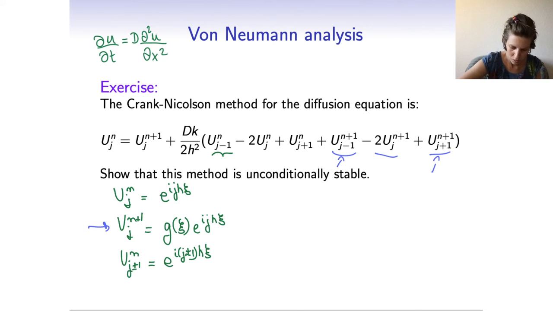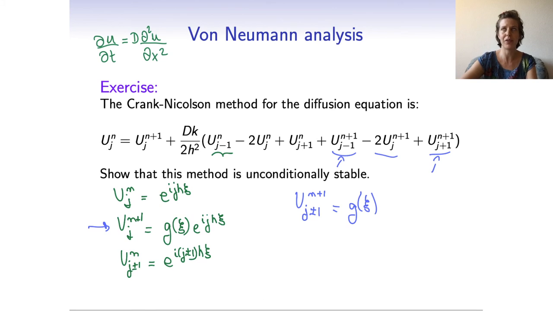So u^{n+1}_{j plus or minus 1} will be the amplifying factor g times e^{i(j plus or minus 1)h psi}.